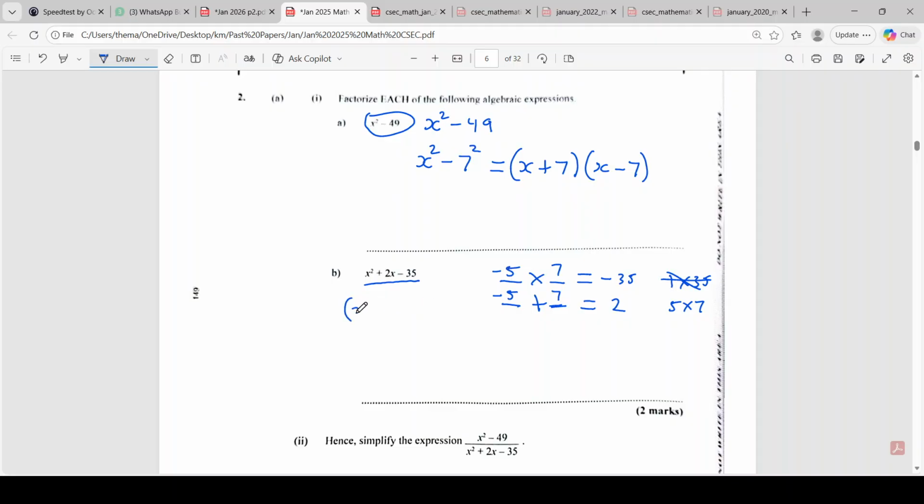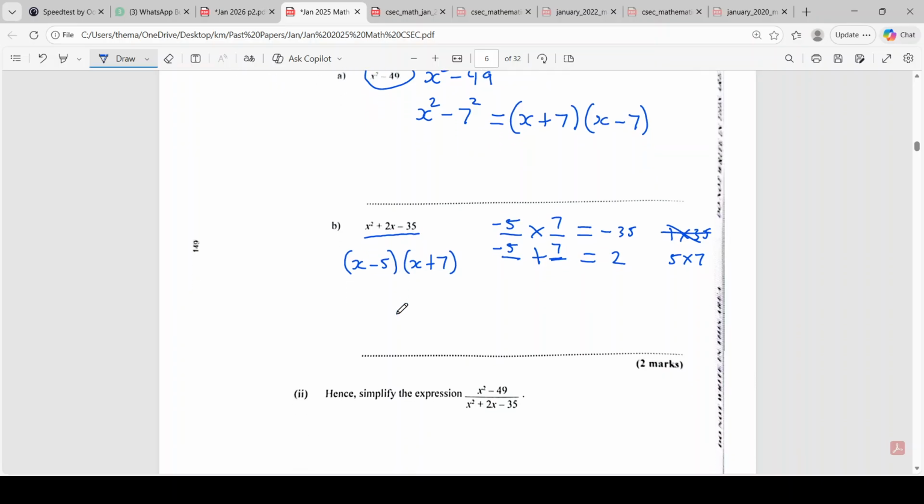So your answer here is x minus 5, x plus 7. You can only use these two numbers as your answer immediately once A is 1. If A is 2 or 3 or whatever, then we need to list out the 4 terms and do it by grouping, and then we will finish factorizing.